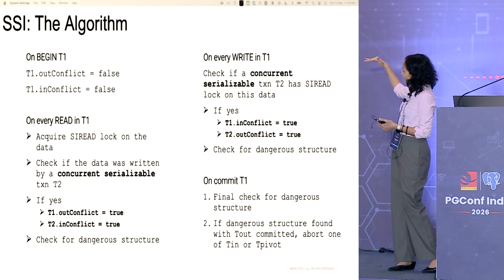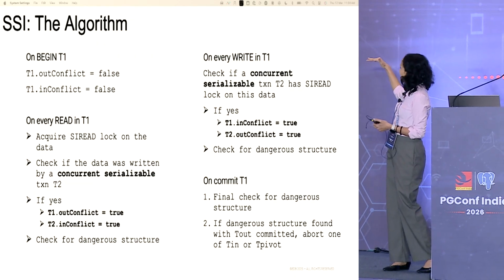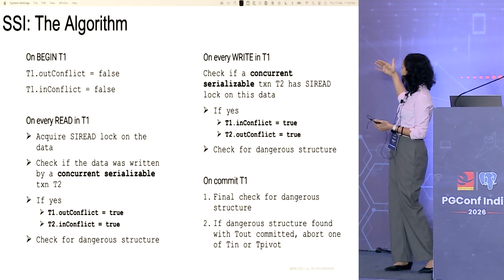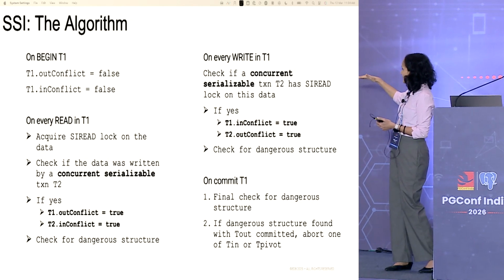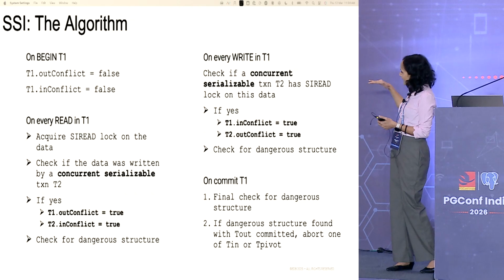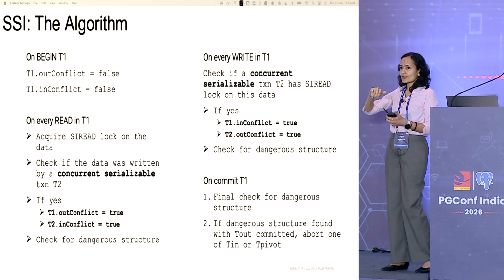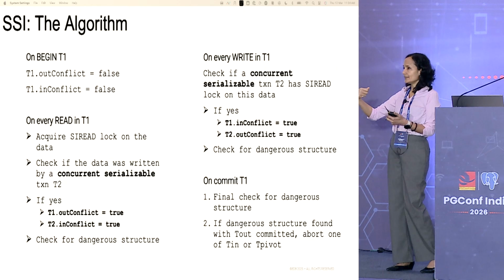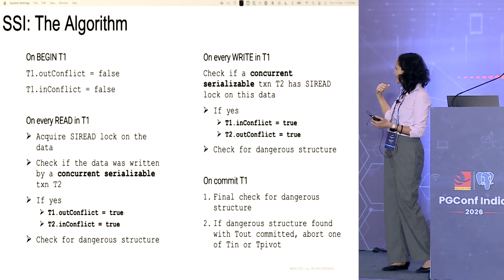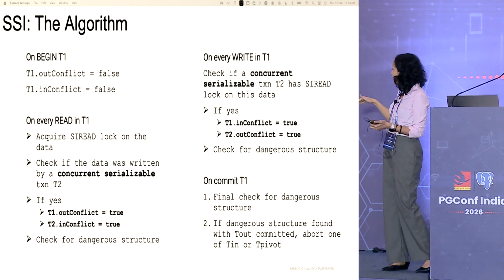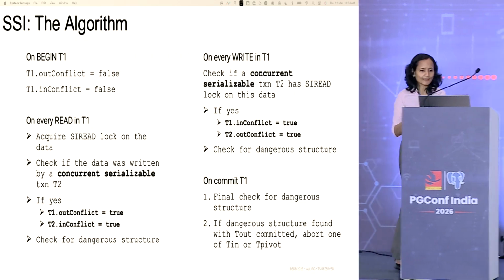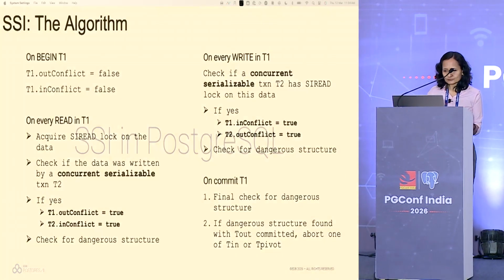Similarly, on every write, if we find that the record, or relation, whatever, has an SI read lock, we mark the in conflict fields, and every time we mark these fields, we check for a dangerous structure. A dangerous structure means I have an in conflict set and an out conflict set as well. And finally, we check for it at commit time as well.